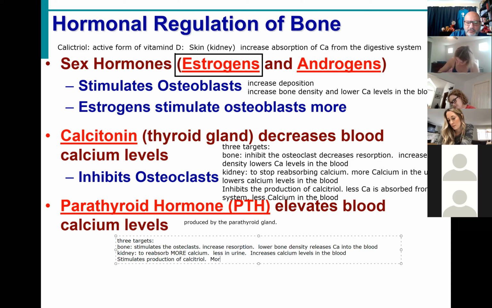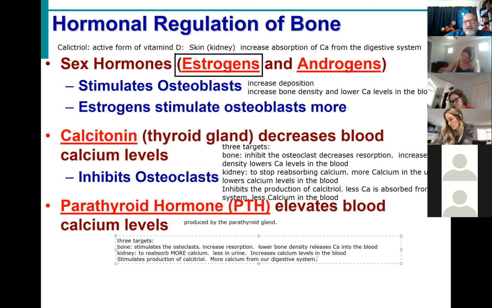So we bring in more calcium from our digestive system. Notice calcitonin and parathyroid hormones have the same 3 targets, and all 3 of them are opposite effects. One is going to bring calcium levels down, the other is going to bring calcium levels up.